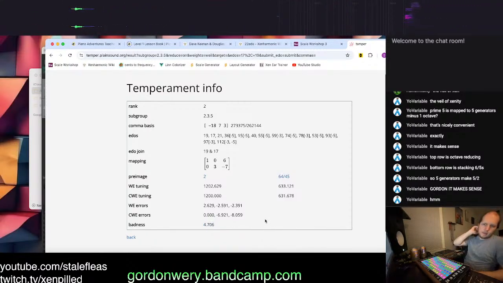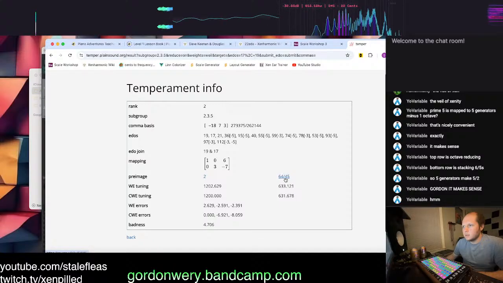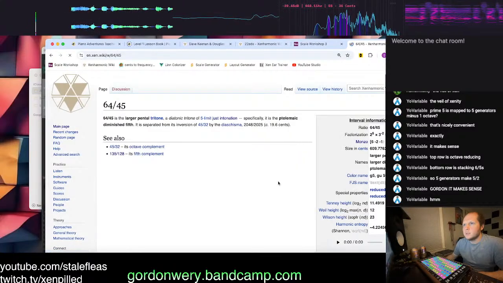Interesting. So on this one, it's an octave and, wait, we just said what this was. That's like a tritone, kind of.